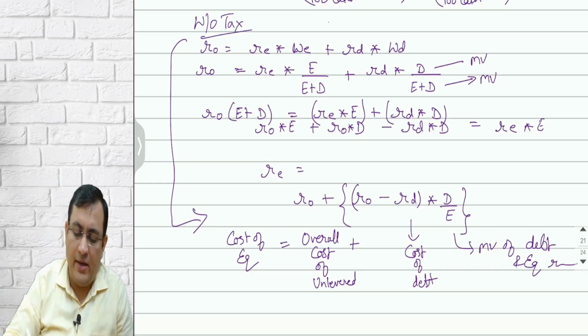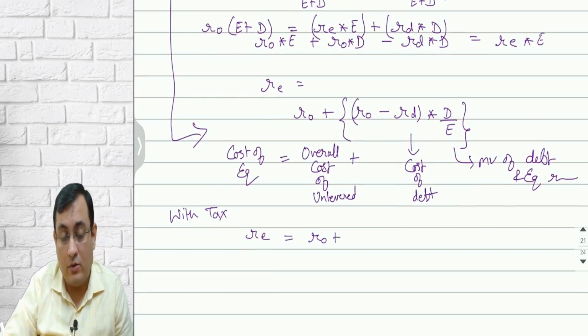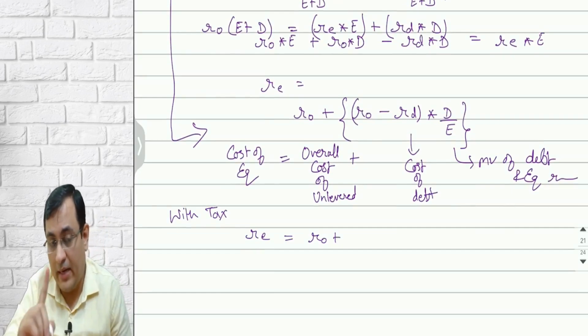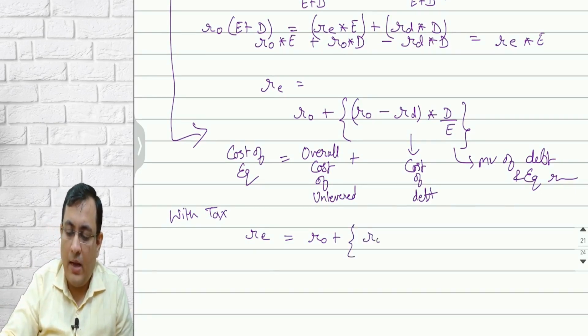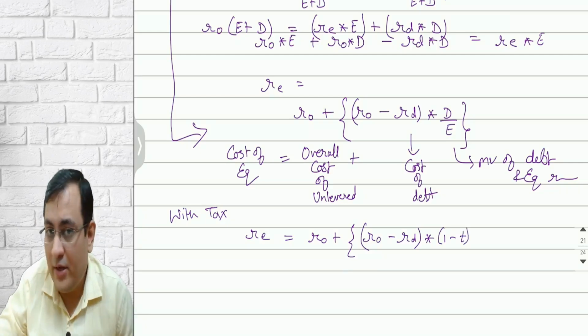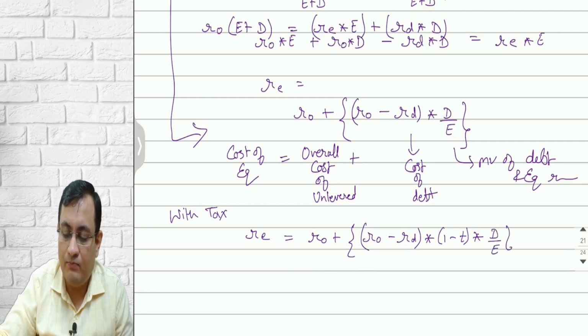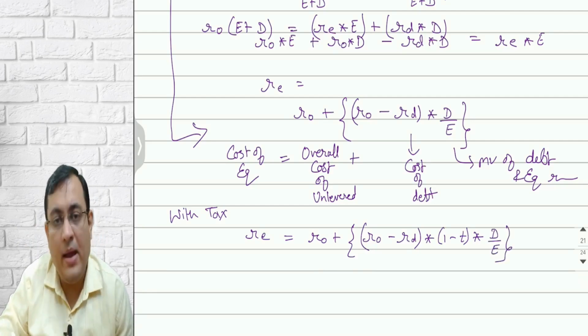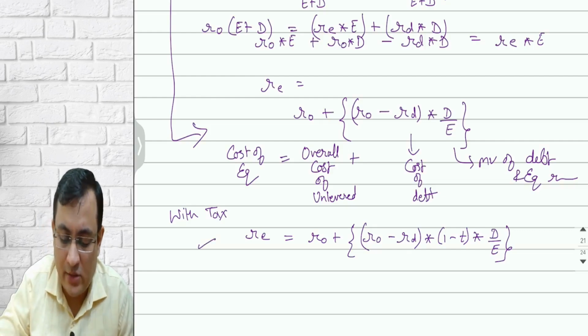Same way we can arrive at the formula for MM with the tax, and in that case cost of equity RE will be equal to RO plus the overall cost of unlevered firm, because levered firm overall cost we have still not derived, plus RO minus RD, the cost of debt, multiplied by 1 minus tax, the benefit of tax shield, because of which your KE will reduce, multiplied by D by E. This formula is for MM with the tax, cost of equity, that is equity capitalization rate calculation will be done using this formula.